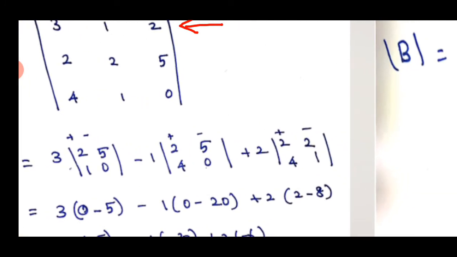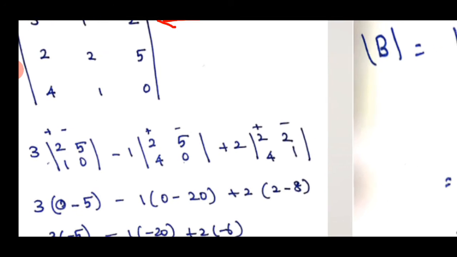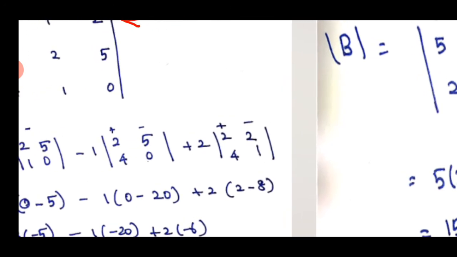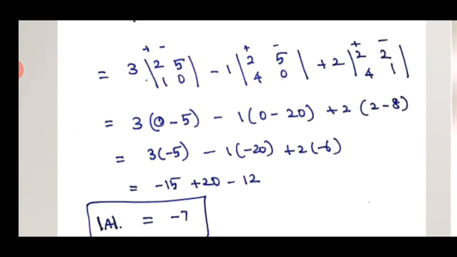Next, minus 1 of determinant 2 5 4 0: above 2 we have plus sign, so 2 into 0 is 0, above 5 we have minus, so minus 5 into 4 is minus 20, right? Plus 2 of determinant 2 2 4 1: above 2 we have plus sign, so plus 2 into 1 is 2, and then above 2 we have minus now, so minus 2 into 4 is minus 8, so 2 minus 8 is minus 6.